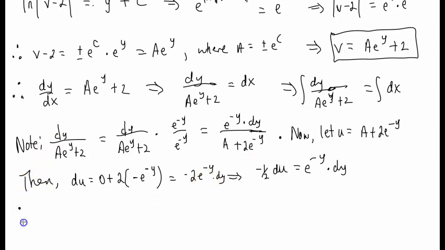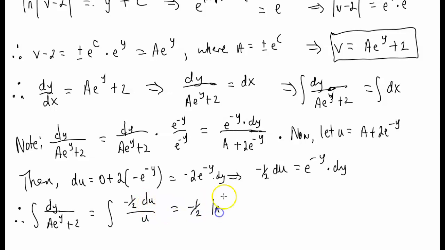Okay, so therefore, the integral of dy over a times e raised to the y plus 2 here is just going to be rewritten this way. And we know that because what we have here can be rewritten this way. And all of this, when I do my substitution here, just ends up being this negative 1/2 du over u.